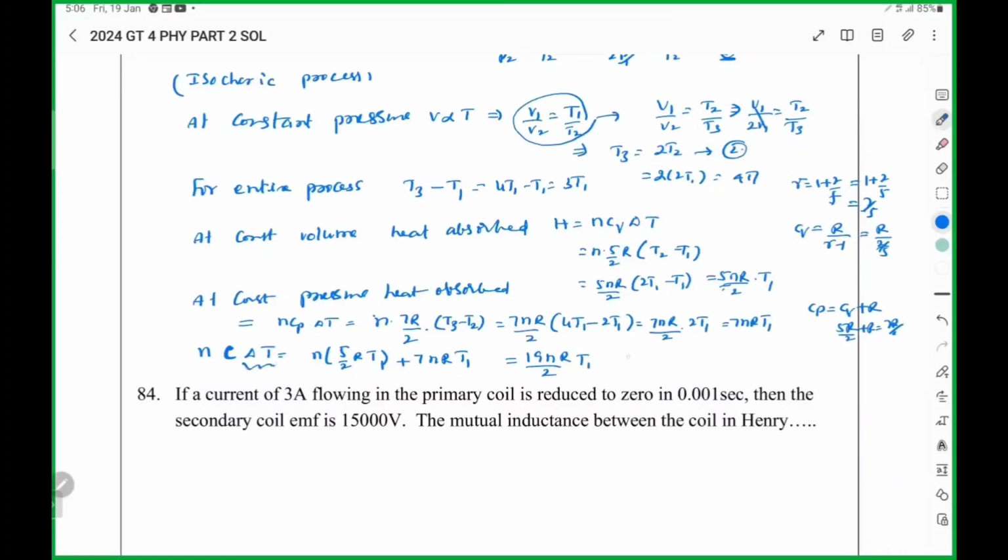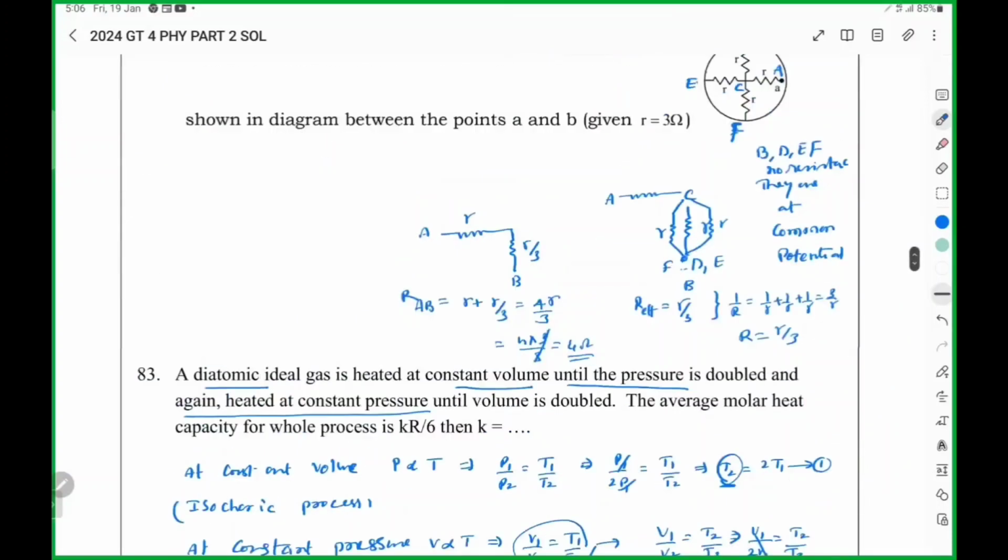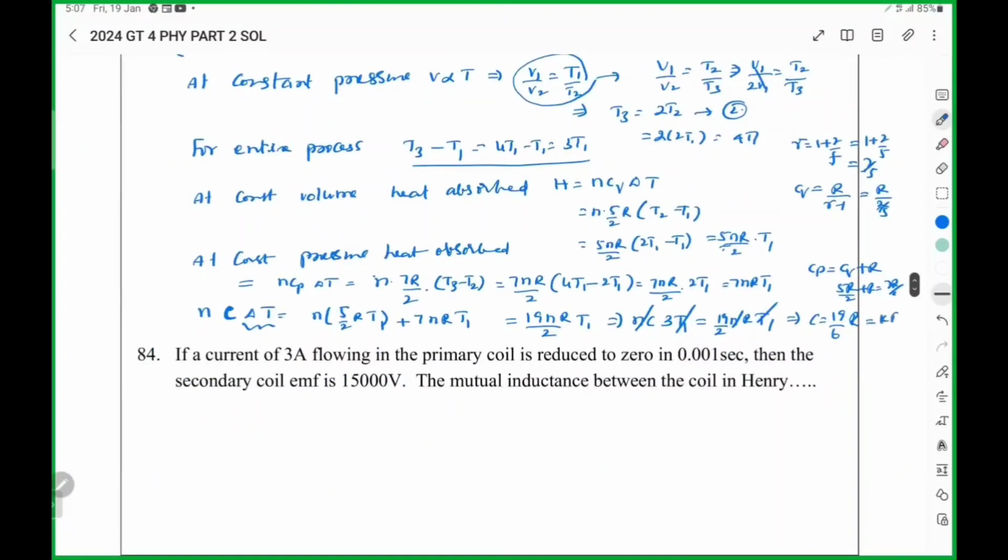And delta T for the entire process is 3T1, so T1 gets cancelled and n gets cancelled. So the specific heat will be 19R by 6, which is given as KR by 6. So K here is 19.